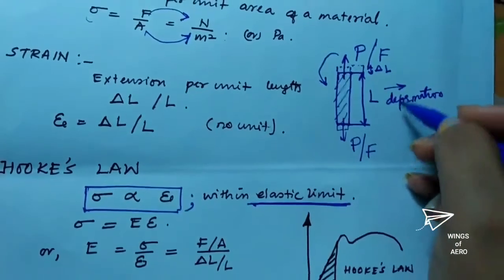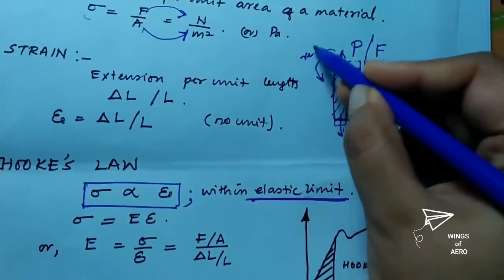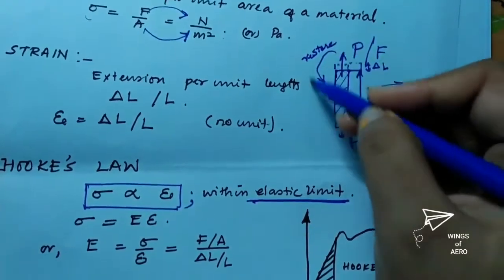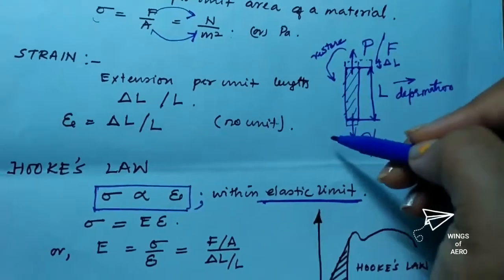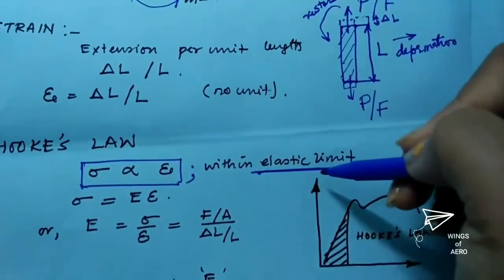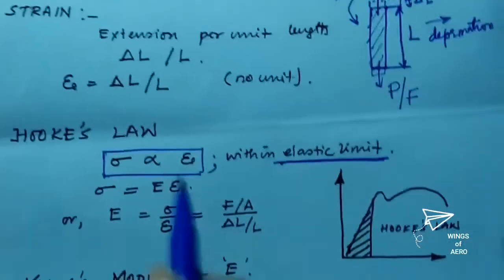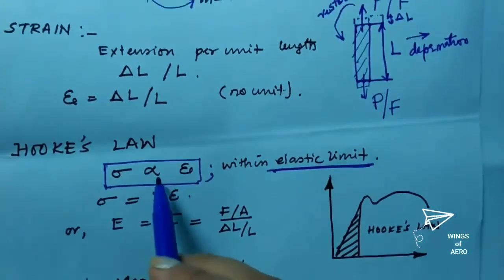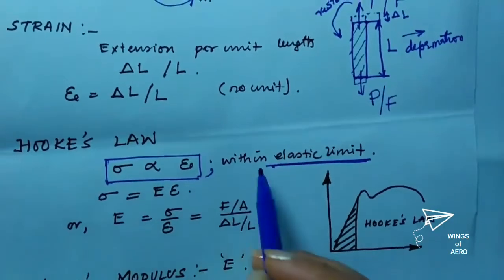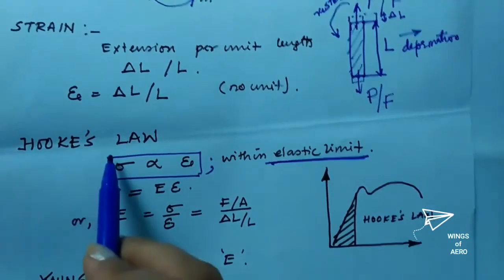But when it has the capability to restore or regain its original position or dimension, it is within the elastic limit, having an elastic nature. So when the stress is directly proportional to the strain within the elastic limit, this is Hooke's law.